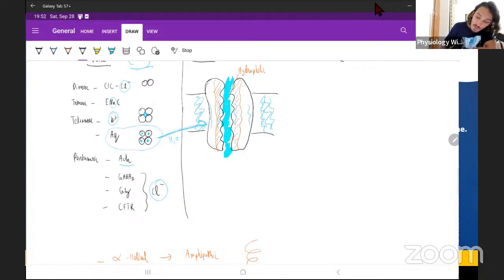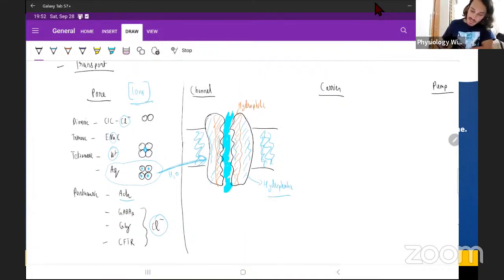On the other hand, what is there outside this area becomes hydrophobic. So like that, we just solved a major problem. So this is how these pores are able to carry substances through them. Okay, so that is a pore, a channel.